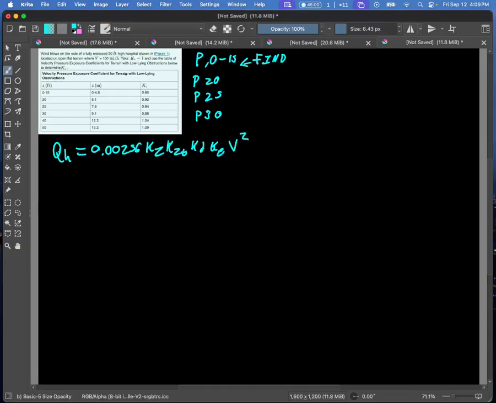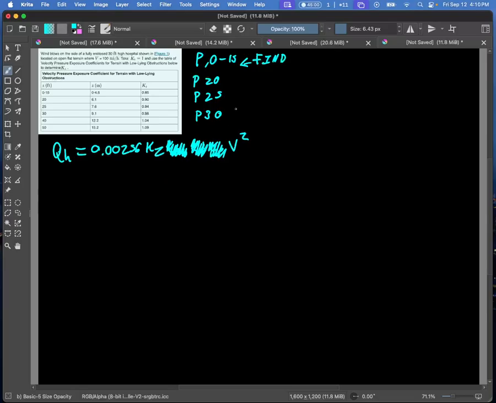It says that it's open flat terrain, so this becomes 1, or goes away. And this is wind direction, and blows on the side. We're pretty much going to say that this is 1. And it tells us to take KE to equal 1. So all we have now is KZ and V squared.